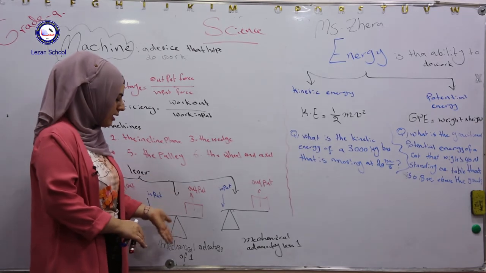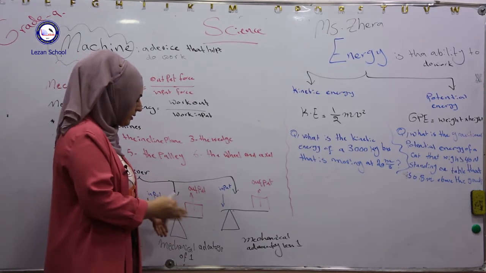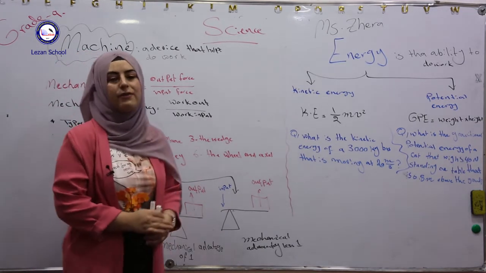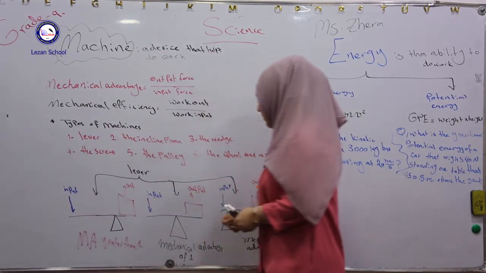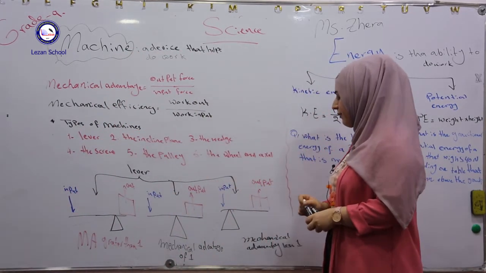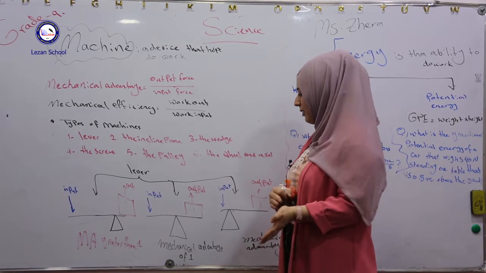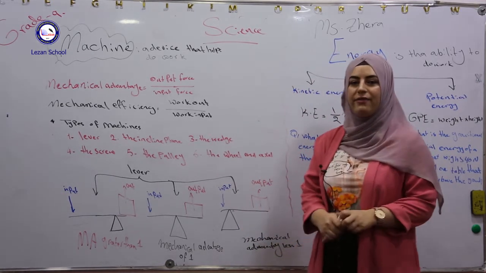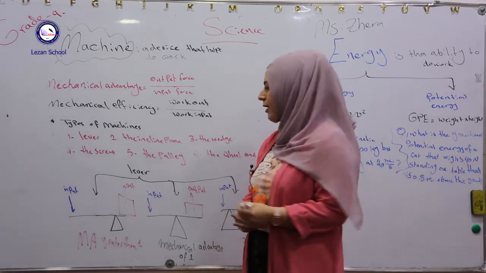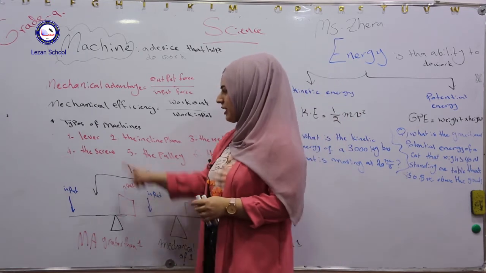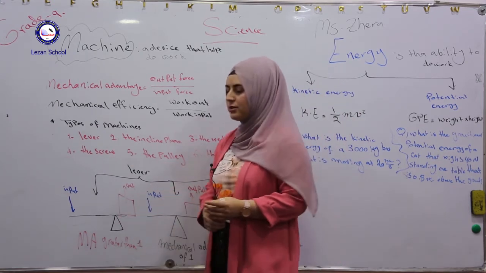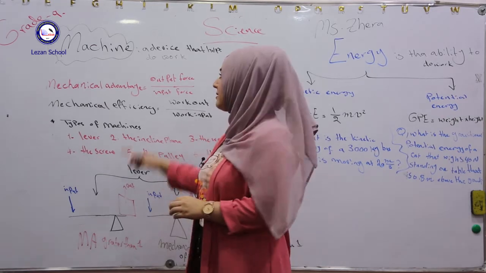It means in the middle between the load and input force, mechanical advantage equals 1. In the third class of levers, the fulcrum is closer to the input force, so the mechanical advantage is greater than 1. So the mechanical advantage for each class of lever depends on the position of the fulcrum. This is about machines.